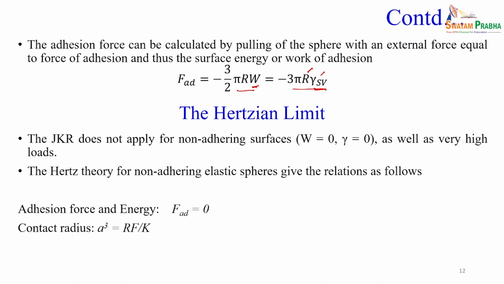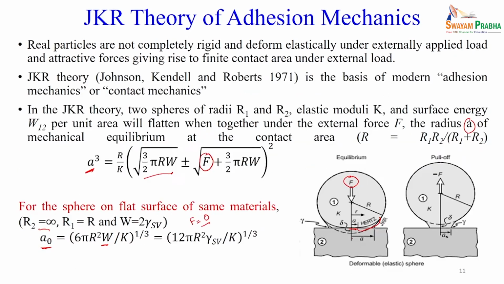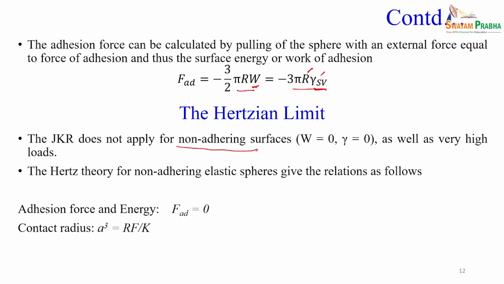Now, as I told, the Hertz surface considers no adhesion, or only very small adhesion. In this region there is no adhesion between the two particles, between the sphere and the solid flat surface.